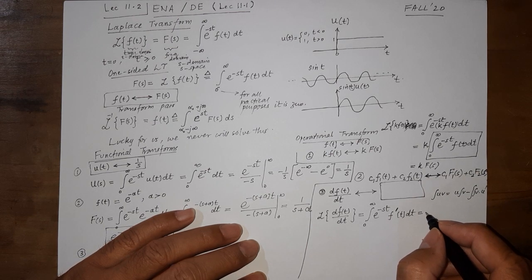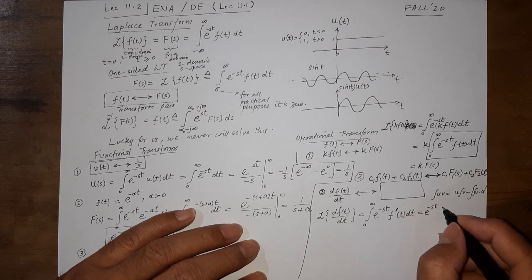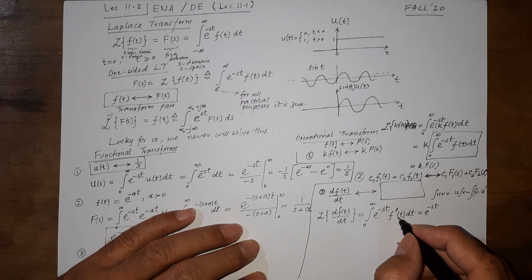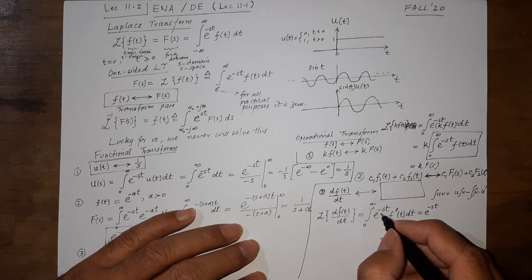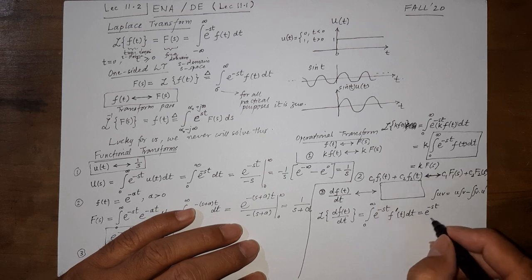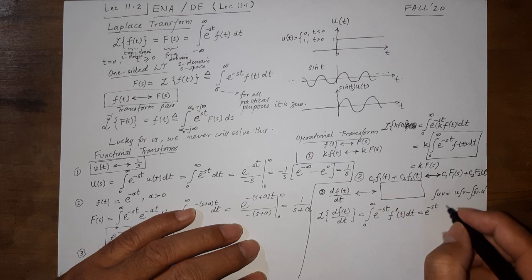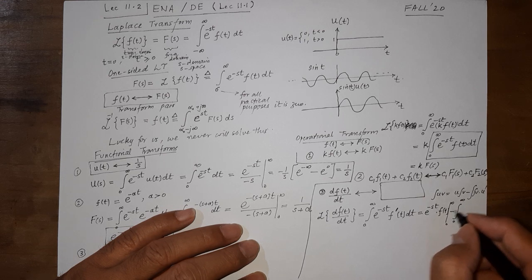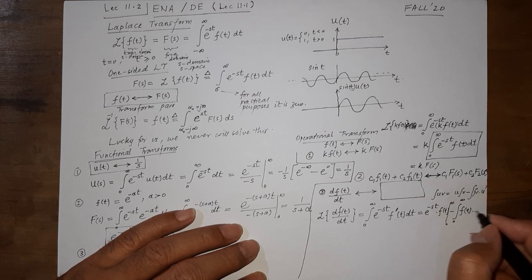So using this, we can write e^(-st) times the integral of this thing, which will be the function itself, minus the integral with limits from 0 to infinity of f(t) times the derivative of e^(-st). The derivative of e^(-st) is e^(-st) times minus s, because the derivative is with respect to t.